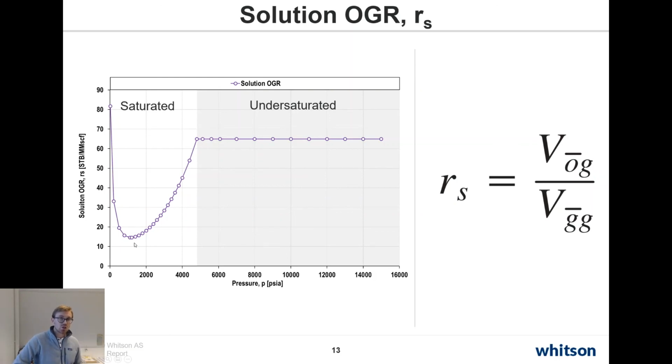And that's a signature that's true in general for solution CGRs. And the reasons of why this is happening is beyond the scope of this particular short course. But I'll recommend you to go and visit one of our advanced classes. That'll explain to you why this typical characteristic is true in general and why it's true for gas condensate reservoirs.